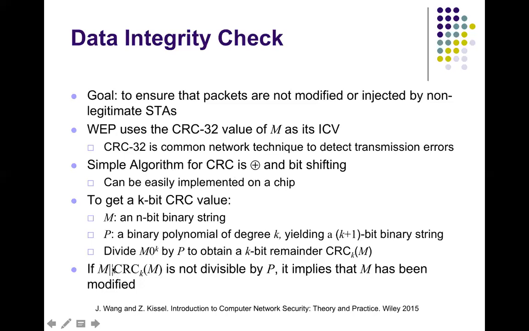If M followed by the CRC of M is not divisible by P, then it implies that M has been modified. So this is for error detection. If something goes wrong, it's not divisible by P, and then you know there is an error during transmission, or in general it can be used to detect whether M has been modified.